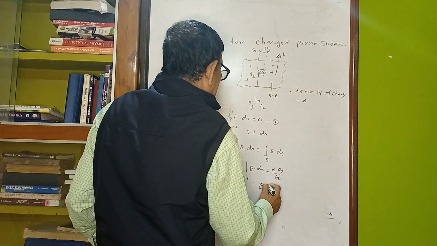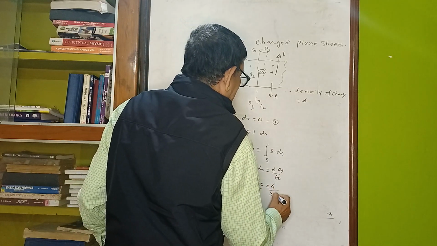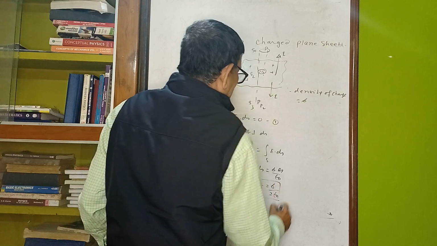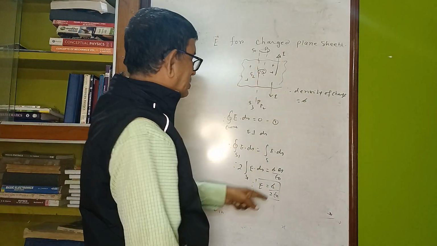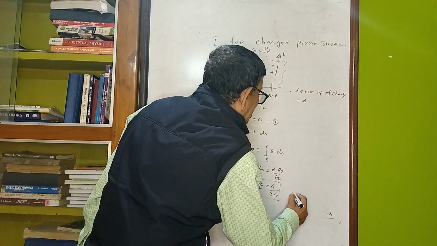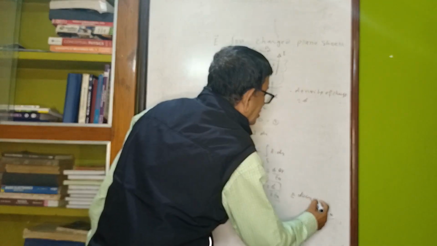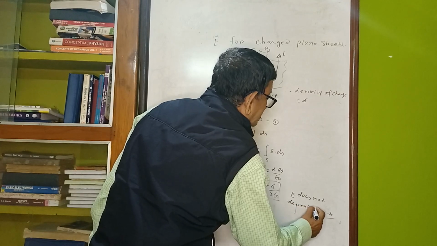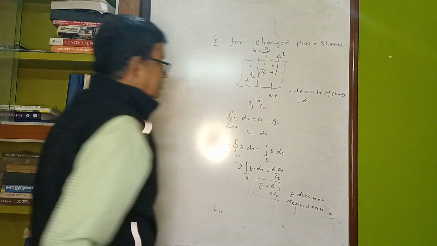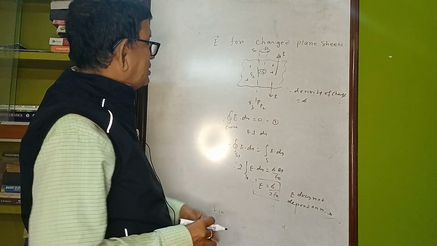So we are getting E equal to sigma by twice epsilon naught. It is clear that the electric field does not depend on the distance from the surface. Whatever the distance, E does not depend on R. It is a constant value. Clear?